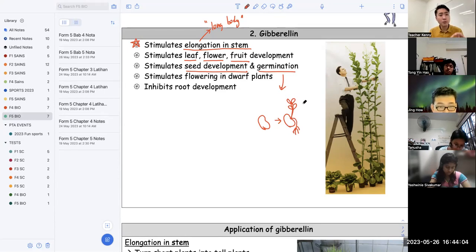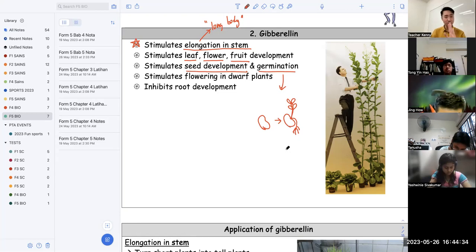Do you still remember the conditions where the seed will germinate? What are the three conditions that have to be met before the seed will germinate? It needs water, correct? It needs air, oxygen, correct? It needs a suitable temperature. Sometimes when the weather is too cold, winter time, the seed will not germinate.